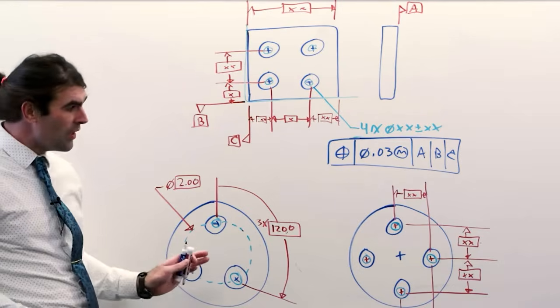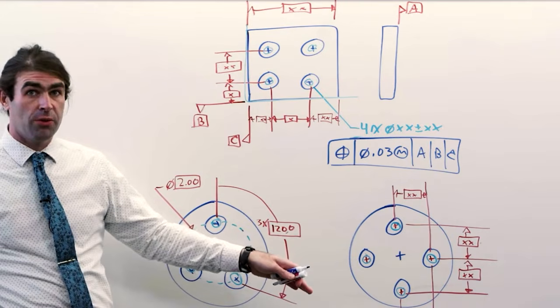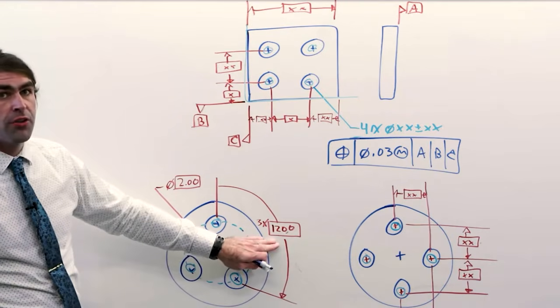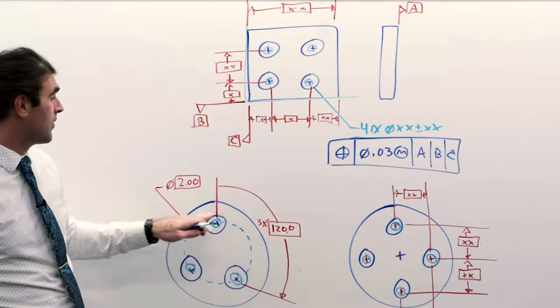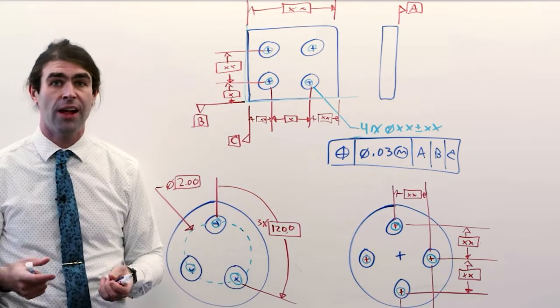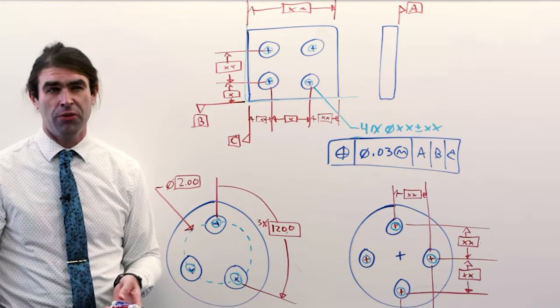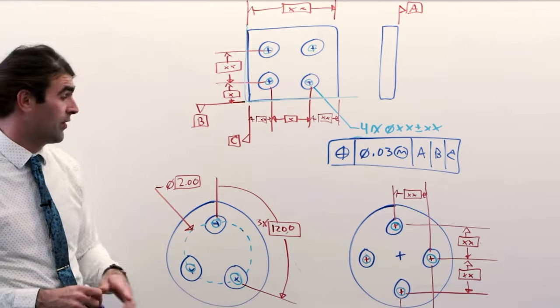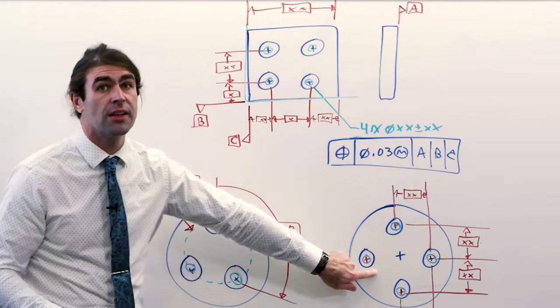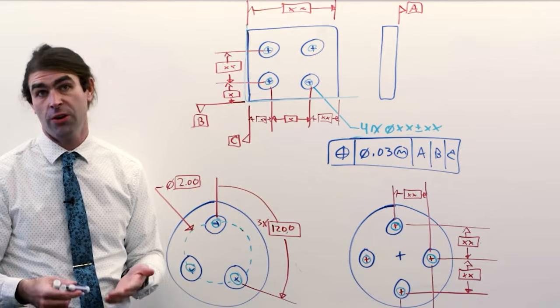Whereas, if these are plus or minus dimensions, you're going to get different shape tolerance zones. If this was 120 plus or minus a couple degrees, and then 2 inches plus or minus something, you end up with a wedge-shaped tolerance zone. I actually have a General Motors drafting manual from the 1950s where they basically said, don't do this, only do this. And most of the examples in that drafting manual are like that.